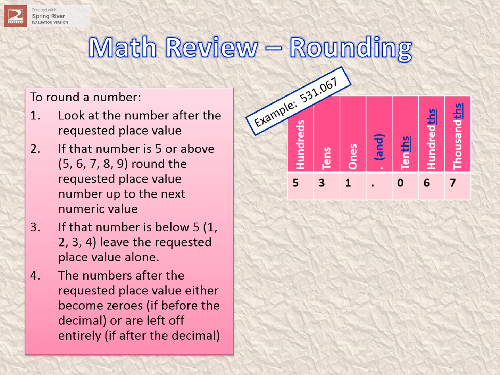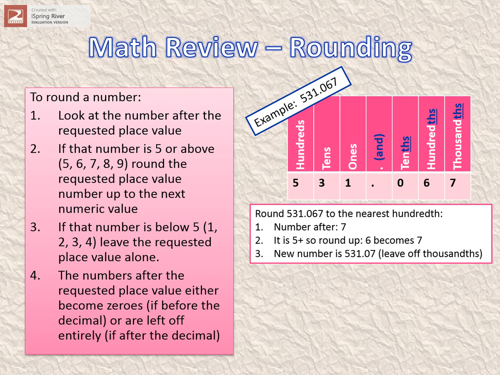So, going back to our example of 531 and 67 thousandths, if we are going to round that to the nearest hundredth place, then we're going to go to the hundredth place, that's the requested place value, and there's a 6 there. We're going to look at the number after the requested place value, which is the 7, that's in the thousandths place, and is that 7 5 or above or below 5?